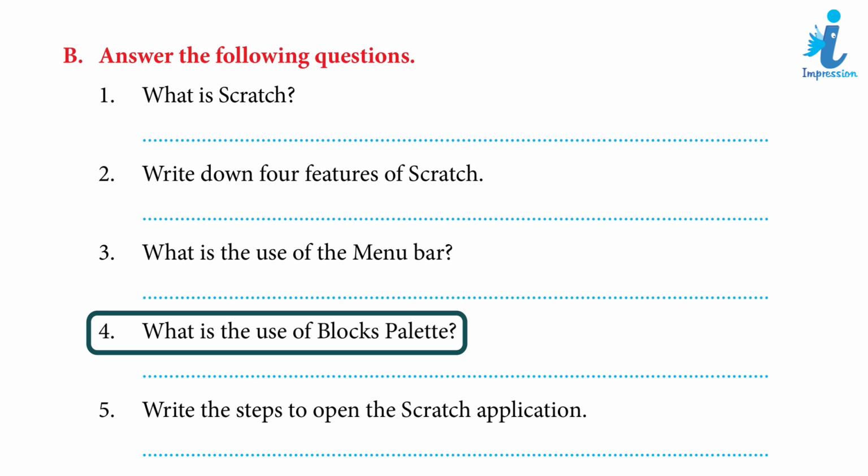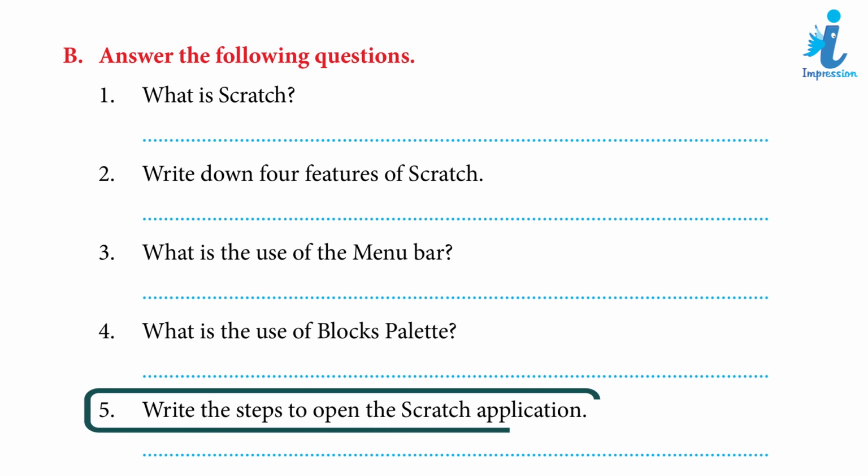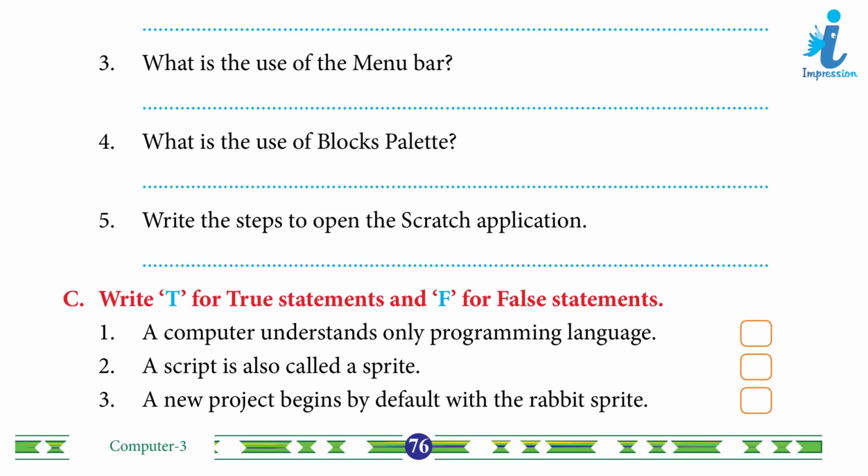Drag the blocks to the script area from the block palette. 5. Write the steps to open the Scratch application. Answer: The steps to run the Scratch. Steps: 1. Click on the Start button. 2. Click on the Scratch application and its window opens.